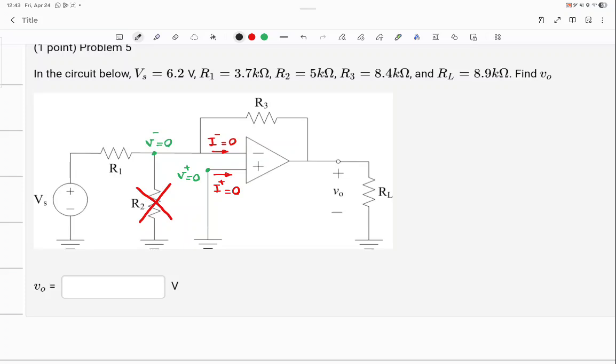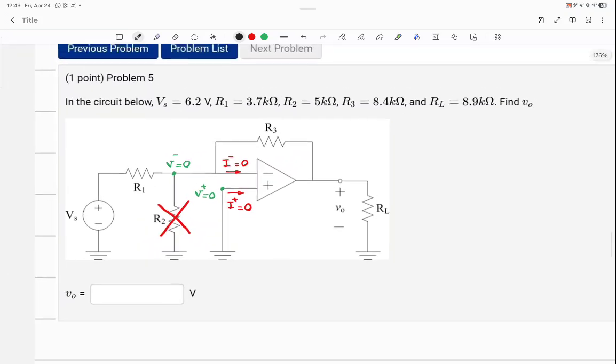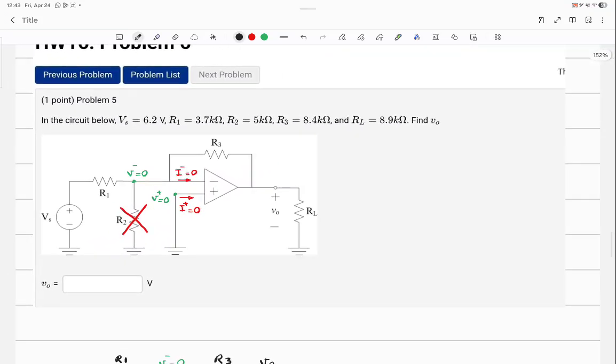And one more thing that I wanted to talk about, let me actually give you an extra practice example. So find I out.